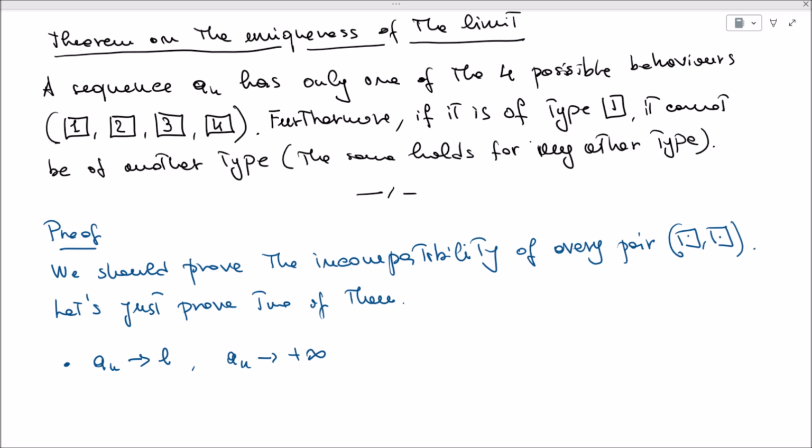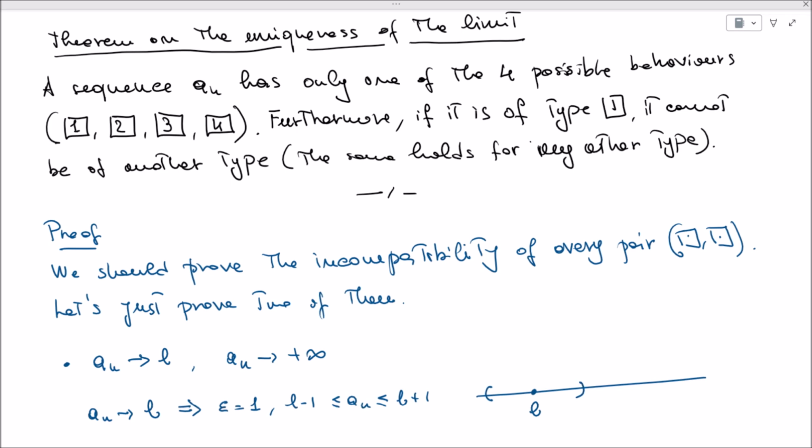So this is basically the proof that we're giving. If a_n tends to L, well, by just the definition of the limit, for epsilon equal to 1, we know that a_n will be between L minus 1 and L plus 1, which is to say that given value L, we are now taking a distance.